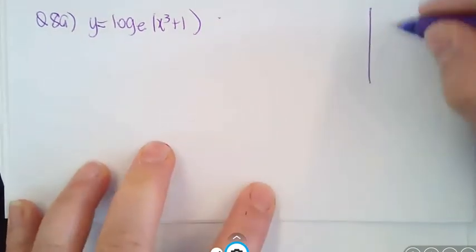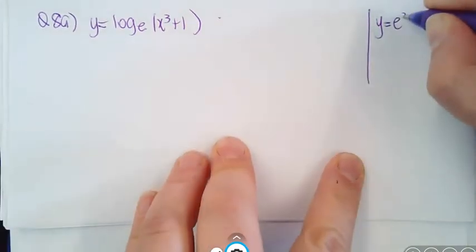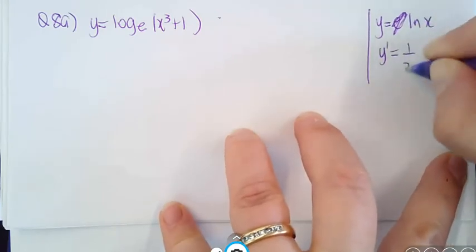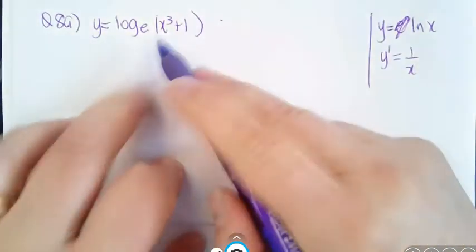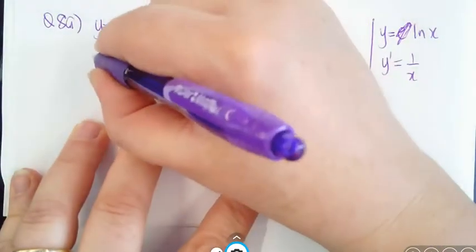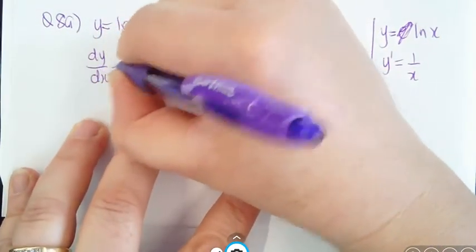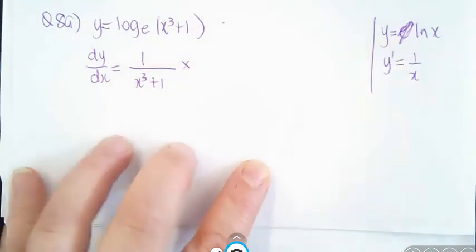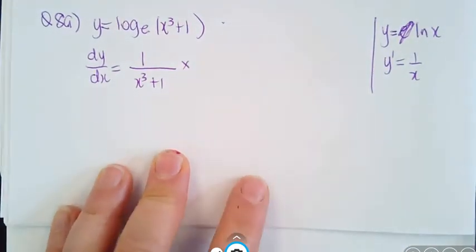Remember, the rule is if y equals ln x, then y dash is 1 on x. So if y equals log to the base e of x cubed plus 1, dy dx is, apply the rule, which would be 1 over whatever that is, times the what? Times the derivative.